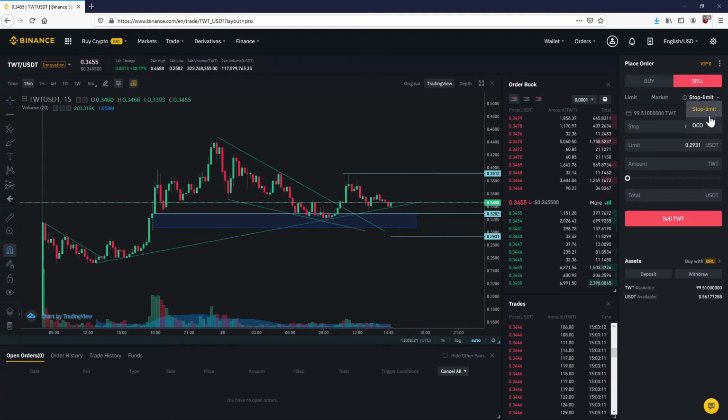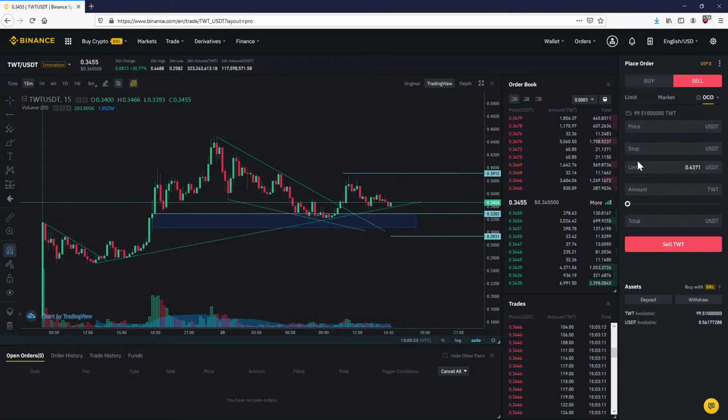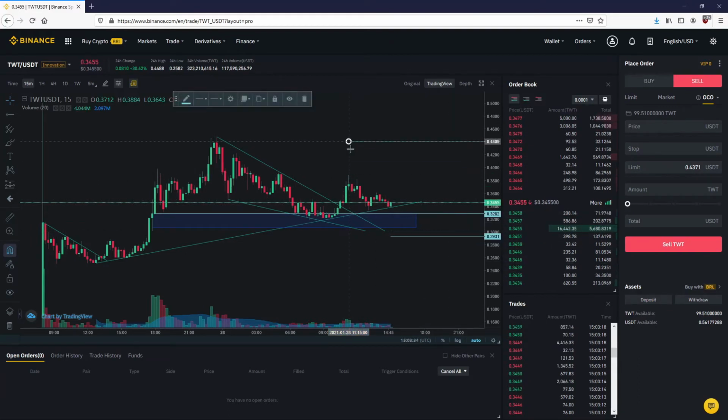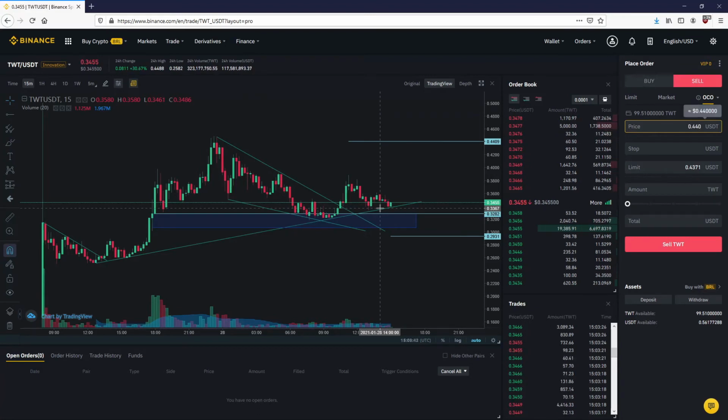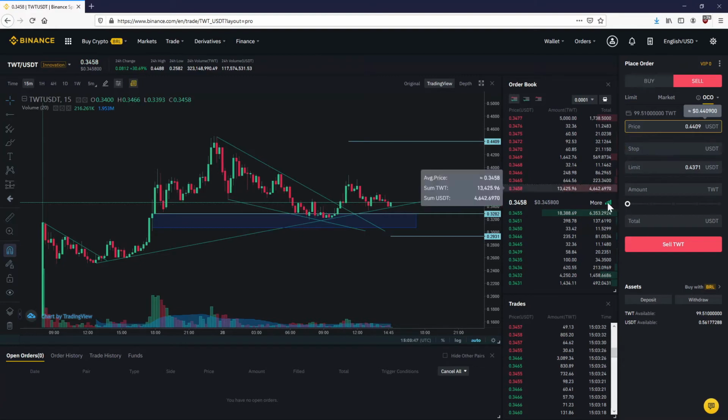And here as well, we have the OCO, which is one cancels the other. Assuming we have bought this coin, as I have this coin now, and I want to sell when price gets to this high, my limit price to sell will be 0.409. That is the price here. Then I want to place a stop loss order as well in case price comes below this very low.